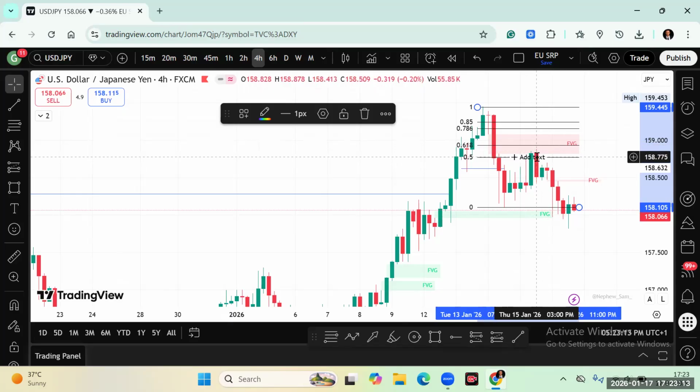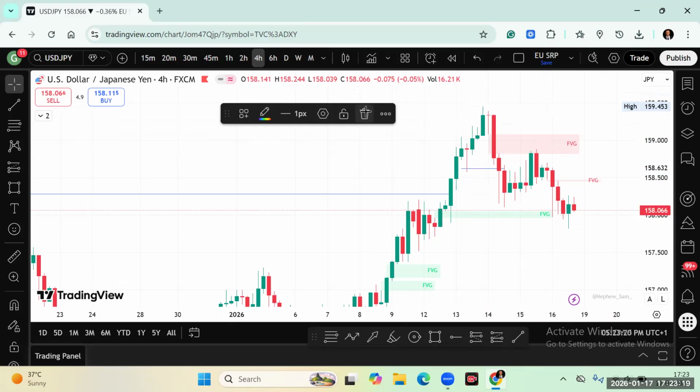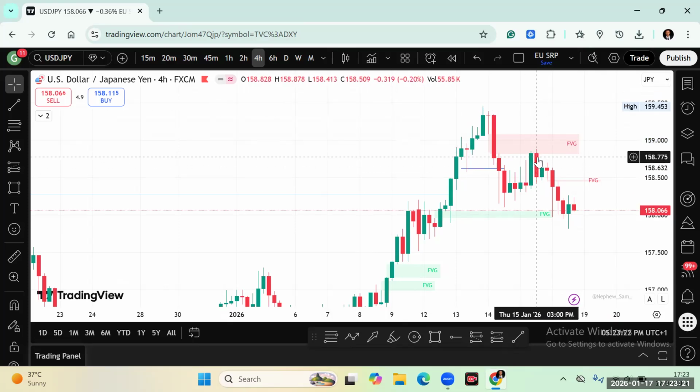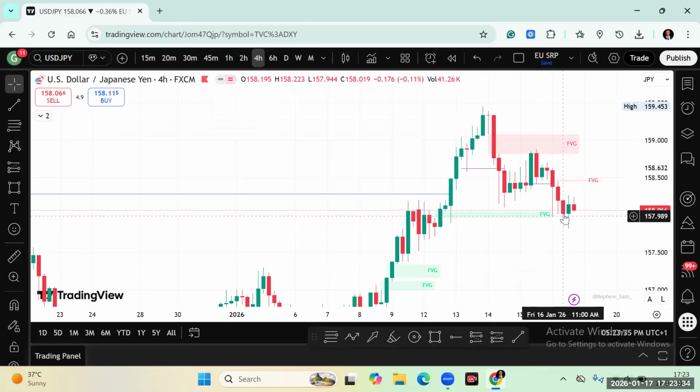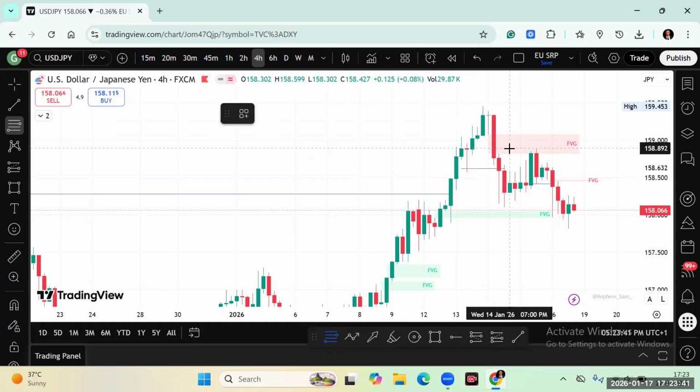So you could see what it did. It has mitigated this area as far as it's concerned, and it created another sell setup. This time around, it did a repeated pattern, and then here, closed below a little bit. It couldn't break below all this with the body of a candle, but let's mark this.